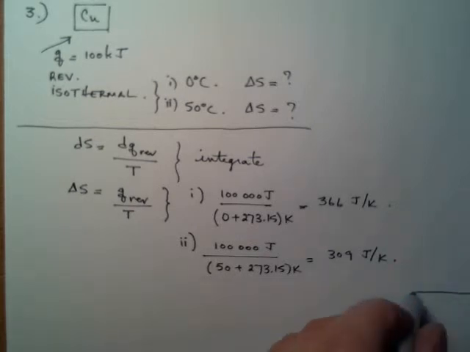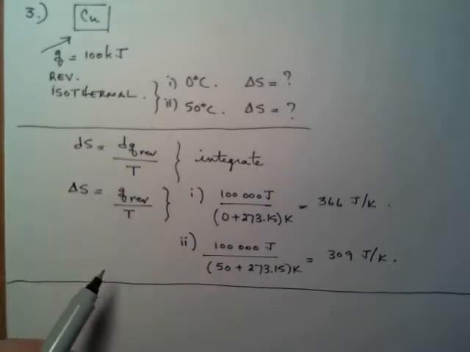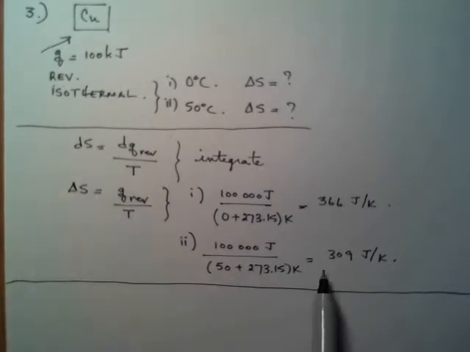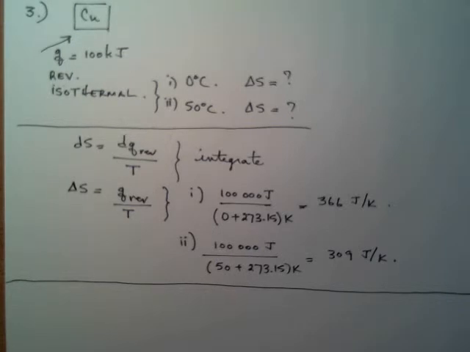So the takeaway from this question, of course it's straightforward, so it's not a real test of your skills in that respect, because it's a bit of a plug and chug question. But think about if you were just asked in a qualitative way, which of these two situations would lead to a larger change in entropy and why?